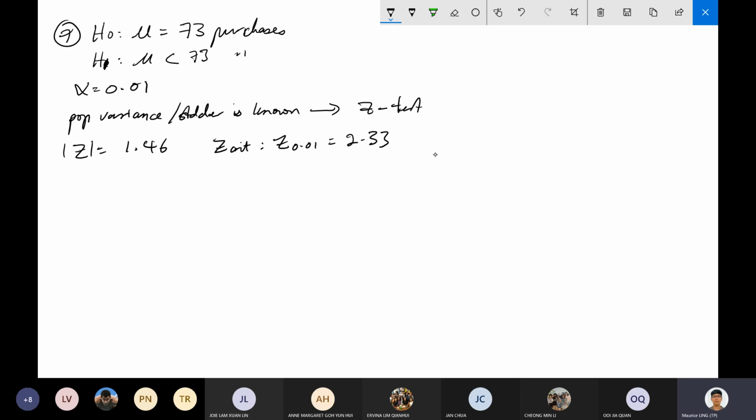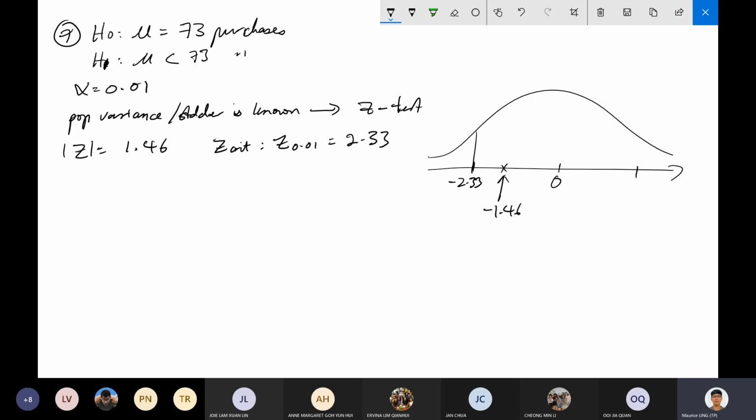Otherwise, always draw it out. Here is 0, and here is minus 2.33. Originally, your minus 1.46 is here, correct? So it is still not within the rejection area. That is why I always use the absolute value, do the reverse.